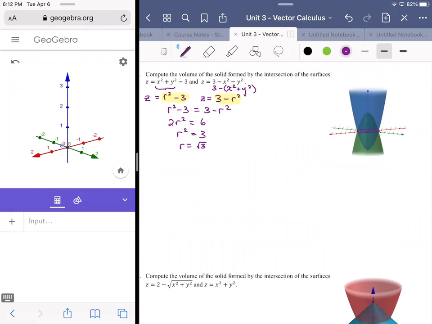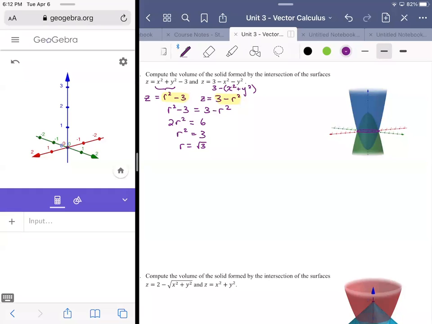Now, what I can do is find the volume that's contained between the downward facing paraboloid and the upward facing paraboloid one of two ways. One way, because there is symmetry. We're looking at one that is a reflection of the other through the XY plane, because if you look at r squared minus 3 and compare it to 3 minus r squared, they're exact negations of one another.